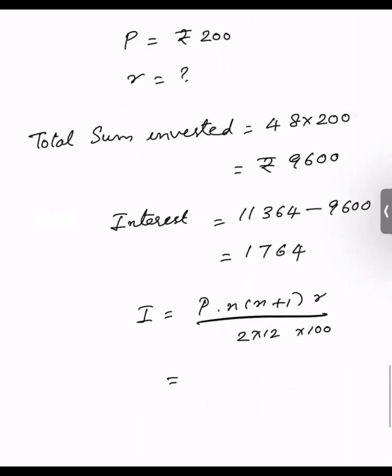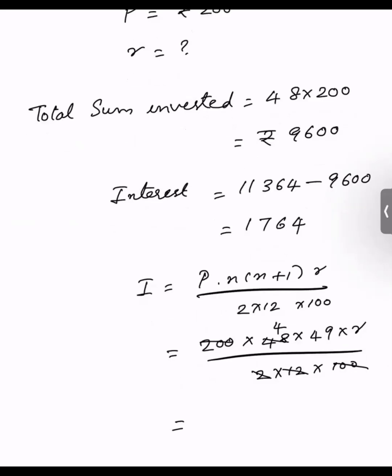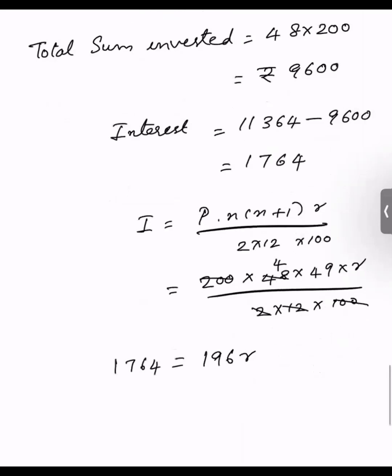Put the values: 200 into 48 into 49 into R divided by 2 into 12 into 100. 196 R would be 1,764. Right? Now what is R? R is 1,764 divided by 196. 9%.